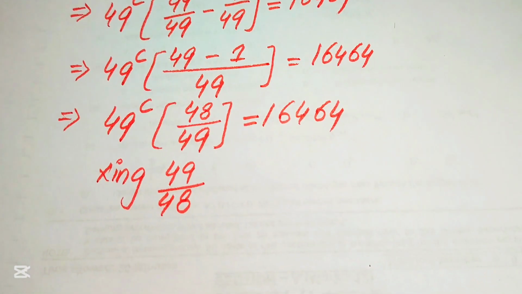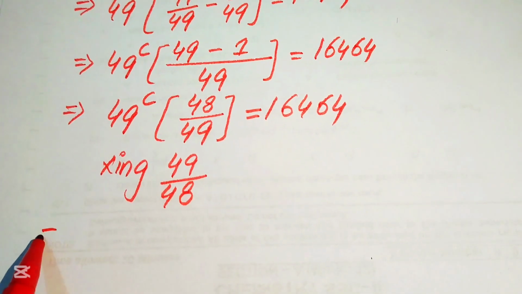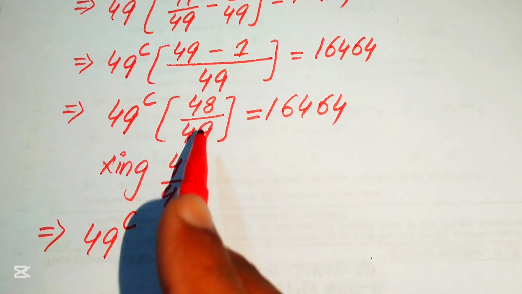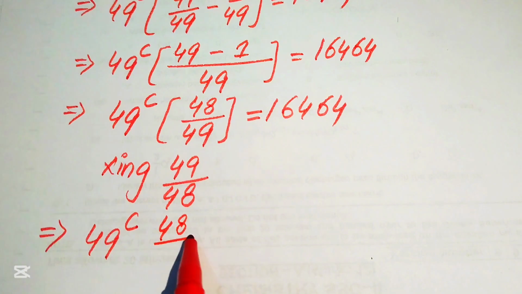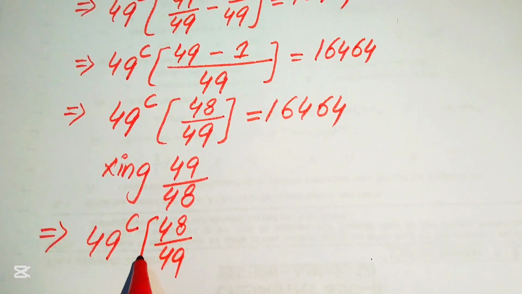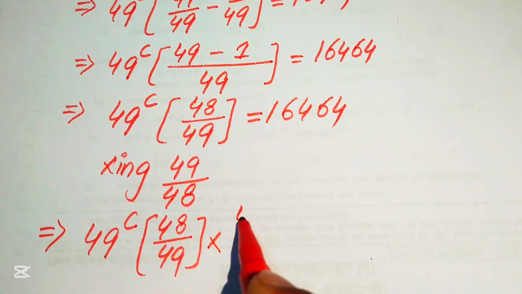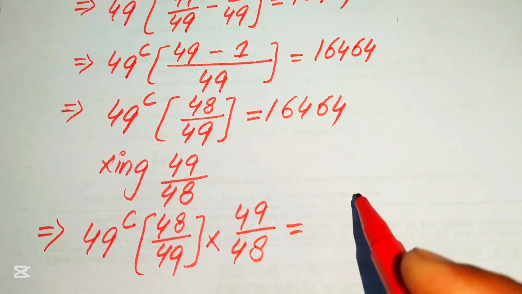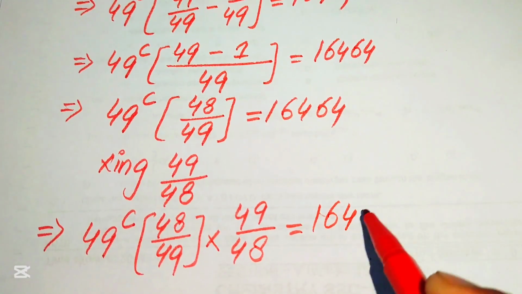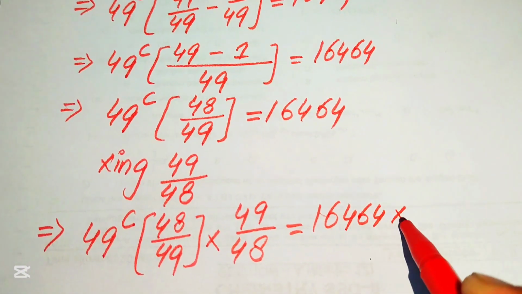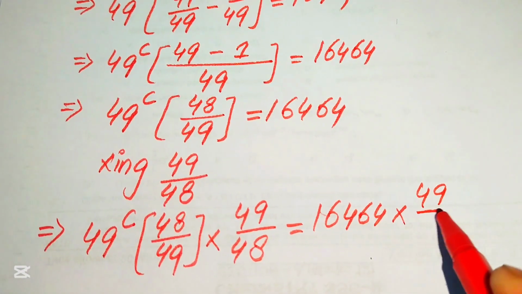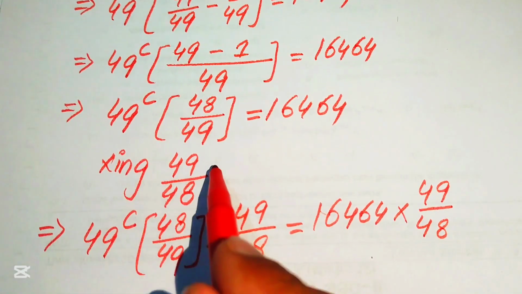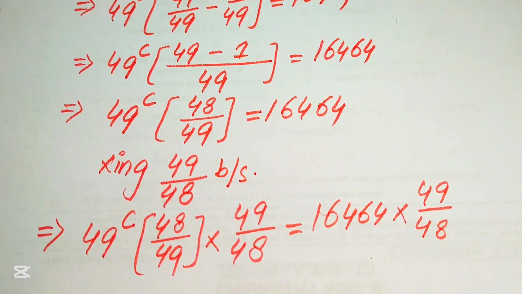So when you multiply both of the sides by 49 over 48, our above equation is written as 49 to the power of c into 48 over 49, multiplied by 49 over 48, and it is equal to 16,464, multiplied by 49 over 48, because we multiply 49 over 48 on both sides.